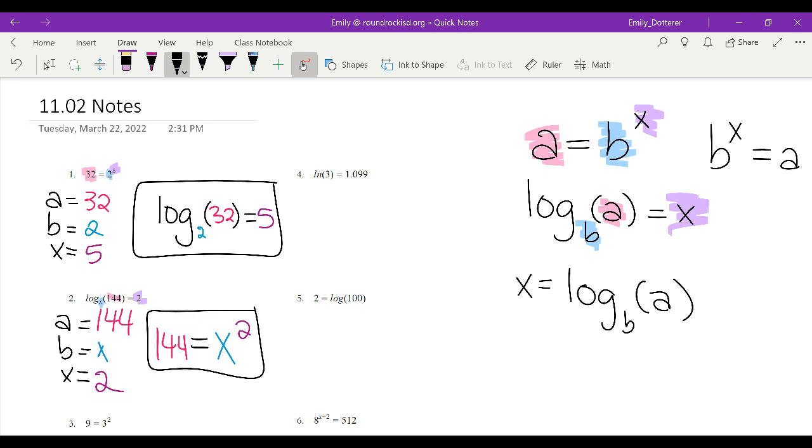And you can see from right here, this is why converting between the two is helpful, because if we wanted to, we could take the square root of both sides and solve for x. So we're going to do that later in this video, and that's what it's used for.